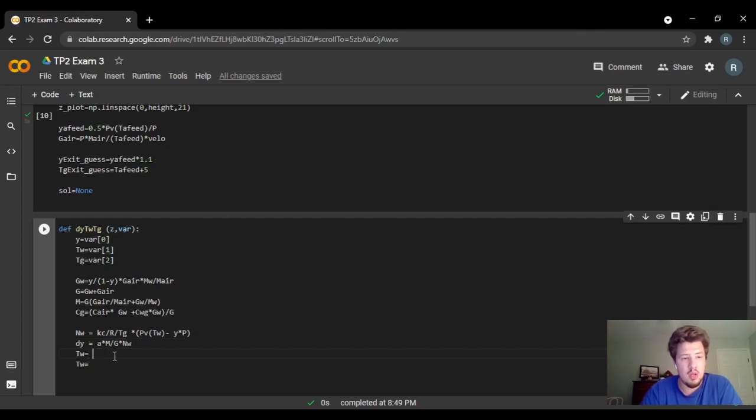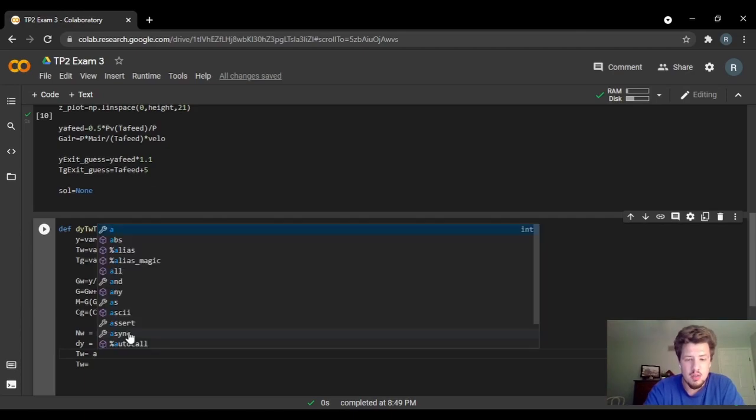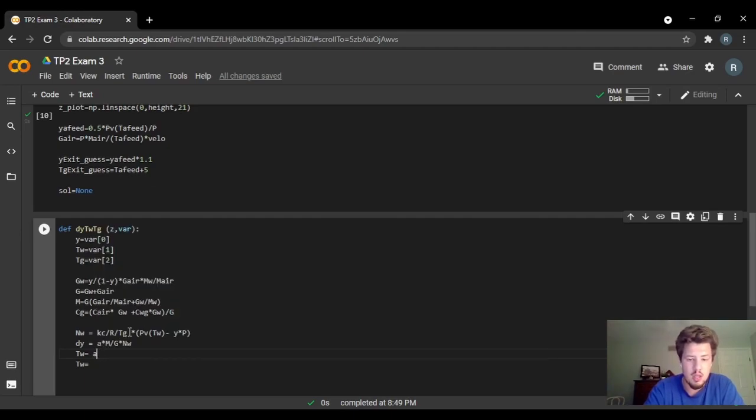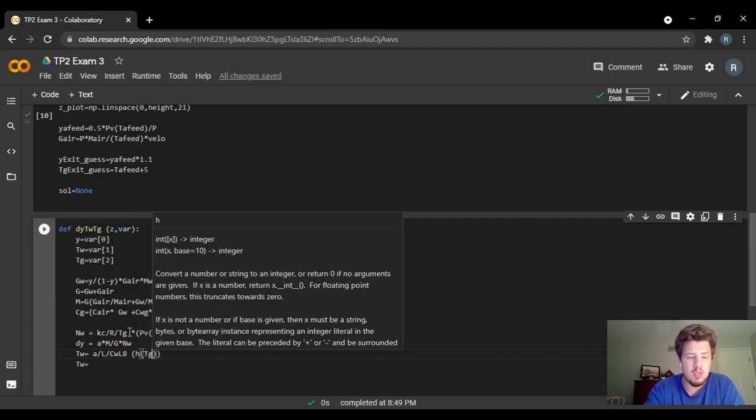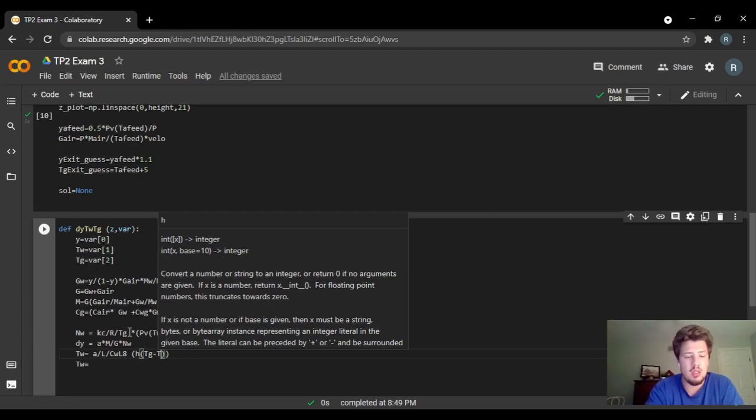Then our temperature was the specific area divided by the liquid flow rate divided by the heat capacity of water, and then that was multiplied by the heat transfer coefficient times the temperature of the gas and the temperature of the water.